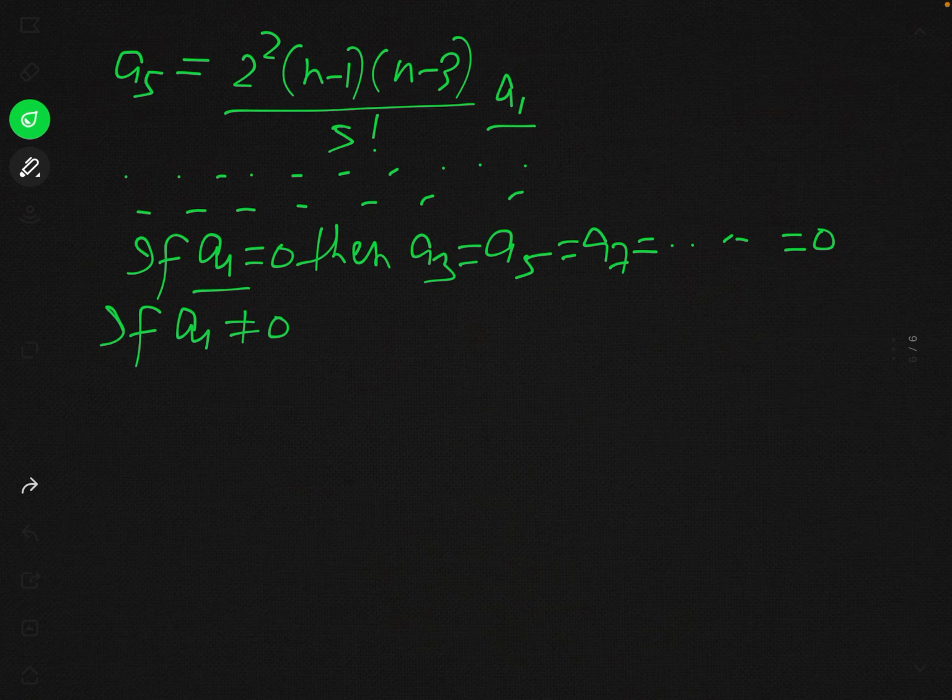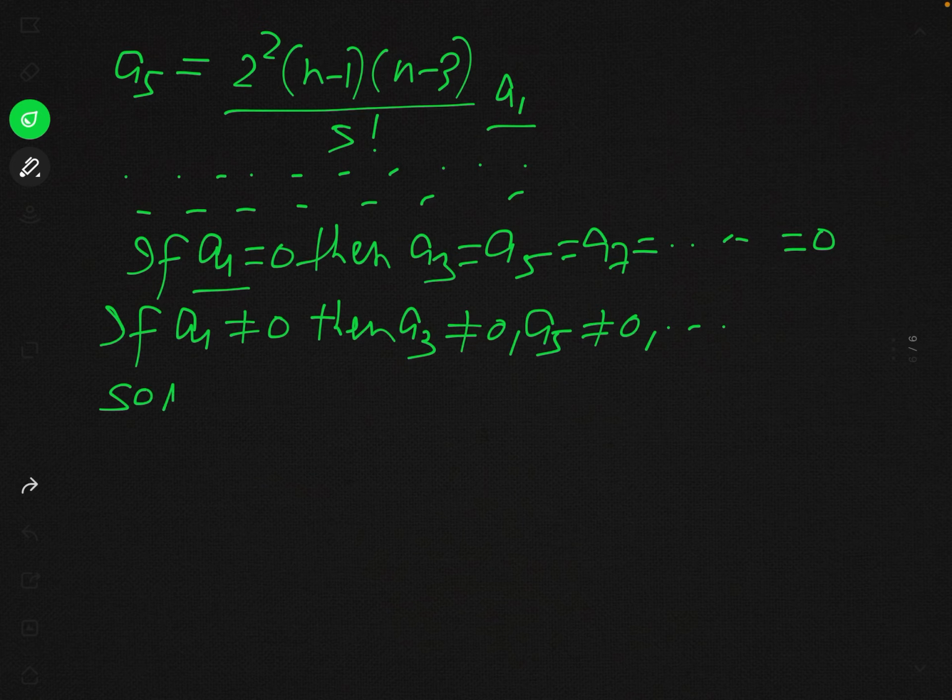So in this condition, we will get a general solution. So if a1 is not 0, then you can see a3 will be not 0, a5 will be also not 0, and so on. So in this condition, we will write the solution in this manner.